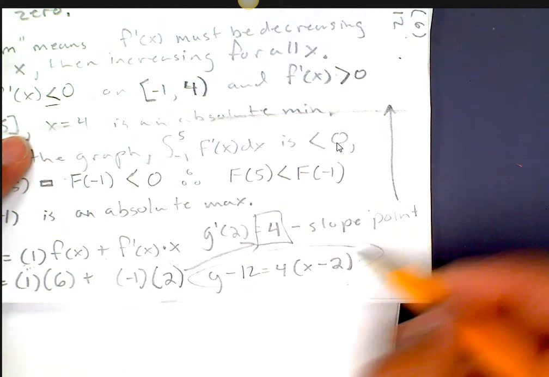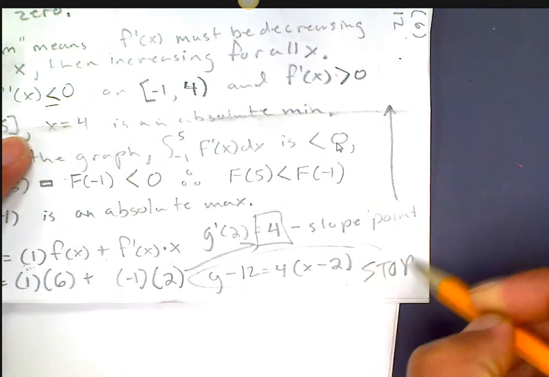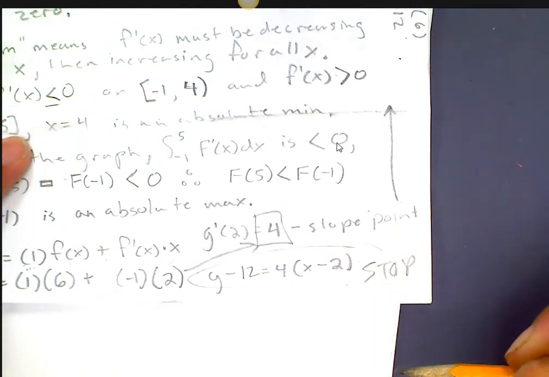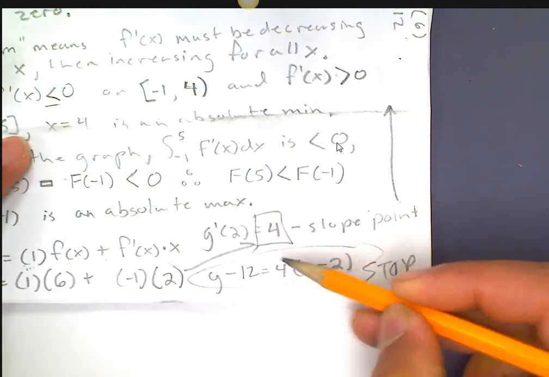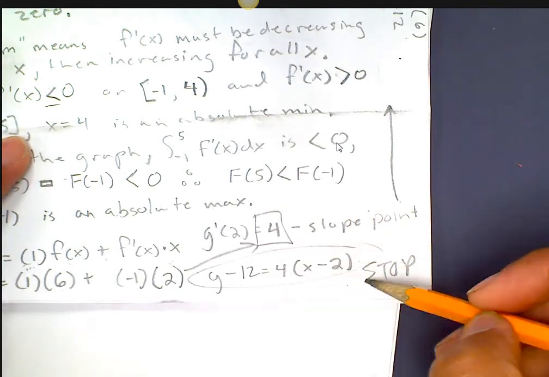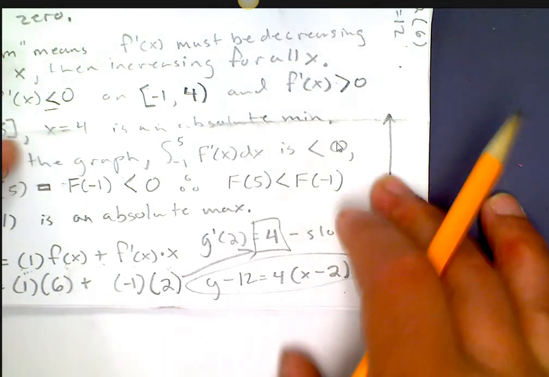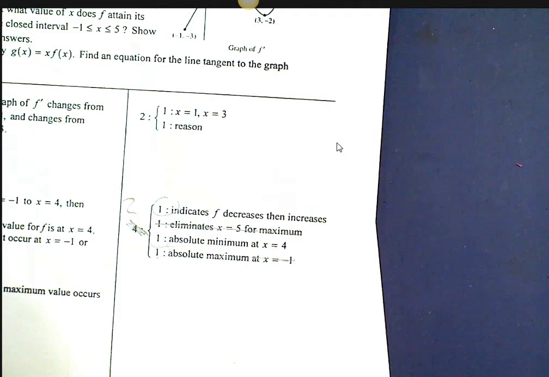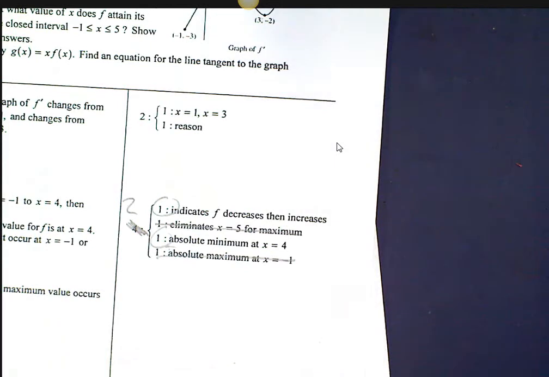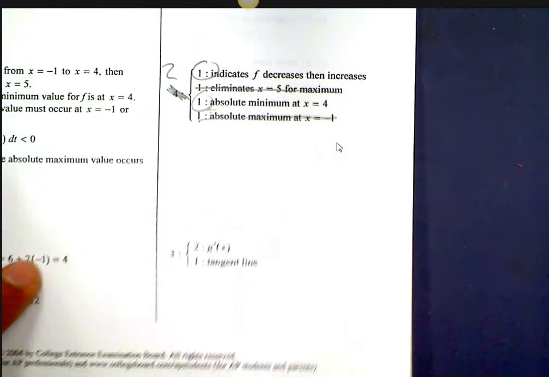Stop. Why should you stop? Because if you get y by itself here, if you add 12 to both sides and somehow mess up, guess what? It's wrong. No points. Okay? So that's why we use point slope form. You got 2 points for g prime of x.